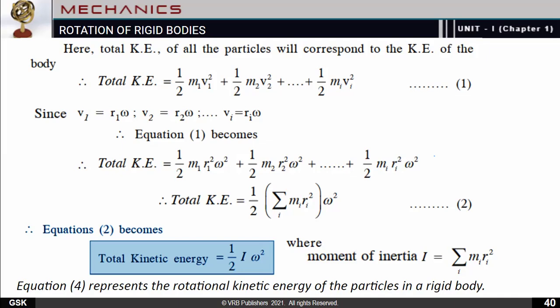This is the definition of moment of inertia, which can be derived from the rotational kinetic energy. So the rotational kinetic energy formula is half I omega squared, and the moment of inertia formula is summation mi ri squared. So without inertia, there is no rotational kinetic energy.